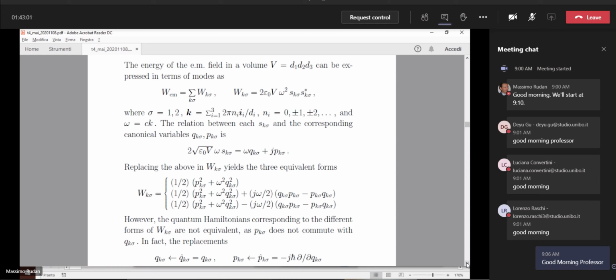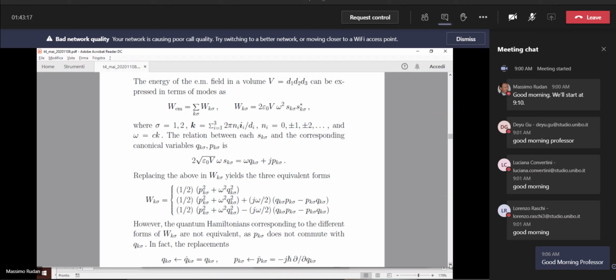Now, it is possible to demonstrate that the energy of the electromagnetic field inside the box is the sum of the individual energies associated to the monochromatic components of the electromagnetic field.